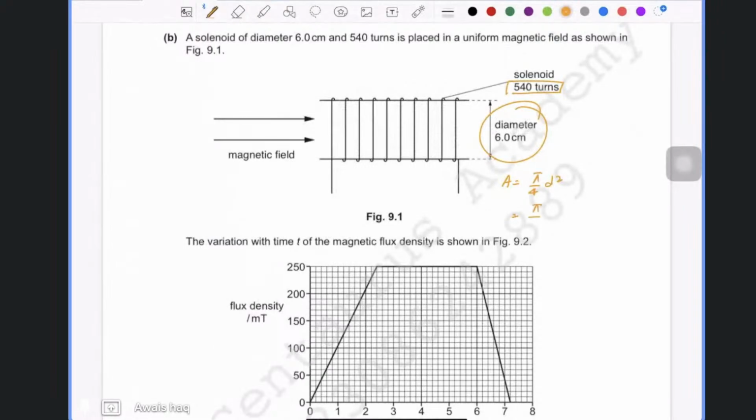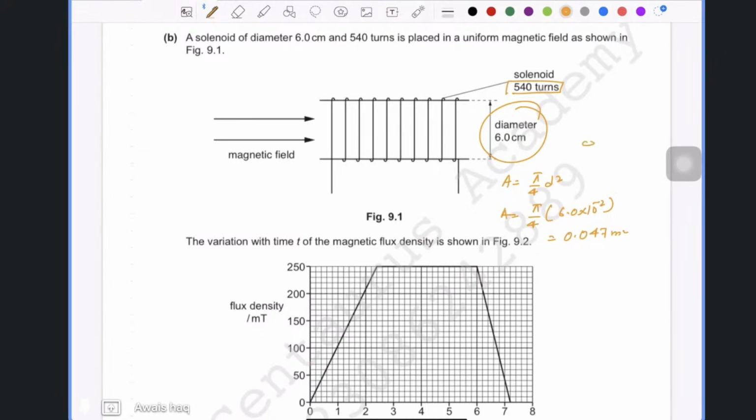So pi by 4 times 6.0 times 10 raised to minus 2 squared. Can you find the area please first? What did you get? 0.047. Okay, meter square.